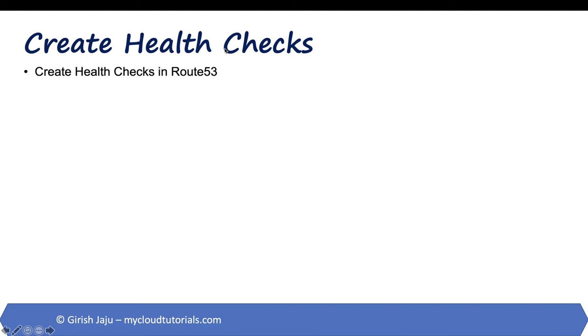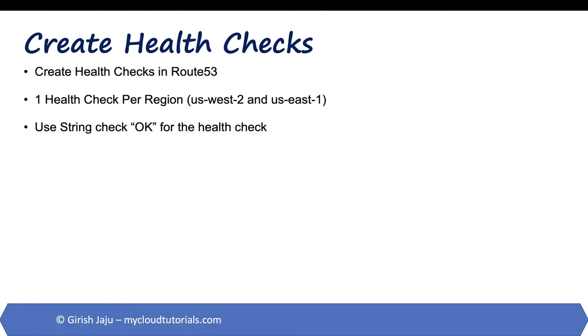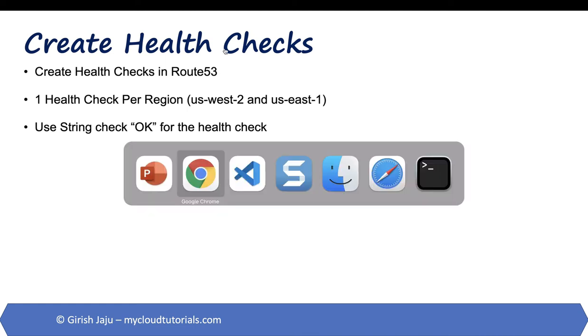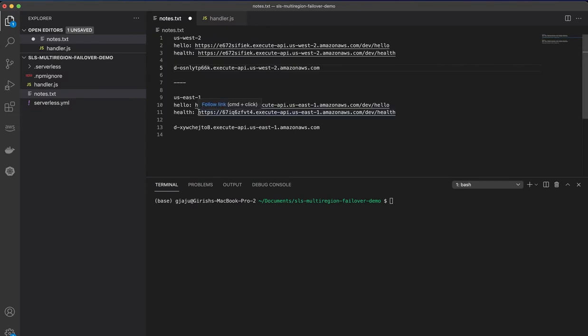We'll create health checks in Route 53, one health check per region per application. So based on our application we have deployed in two different regions, we will just choose a simple string check whether it's present in the response or not. And I'll show you why. So let's head over to the health check endpoint, for example.